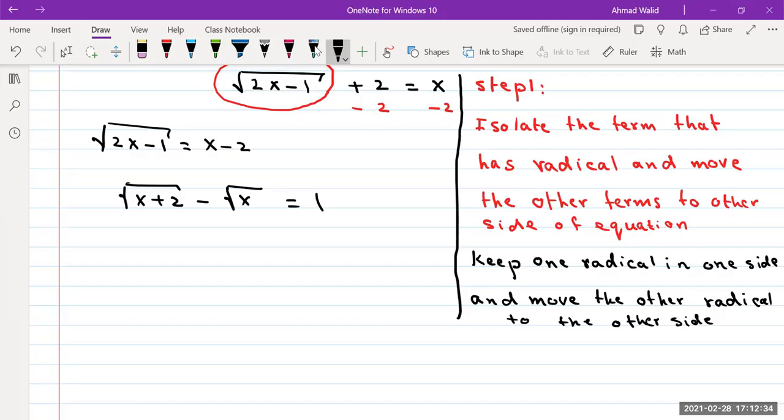It means do this. In this example, add radical x to both sides.